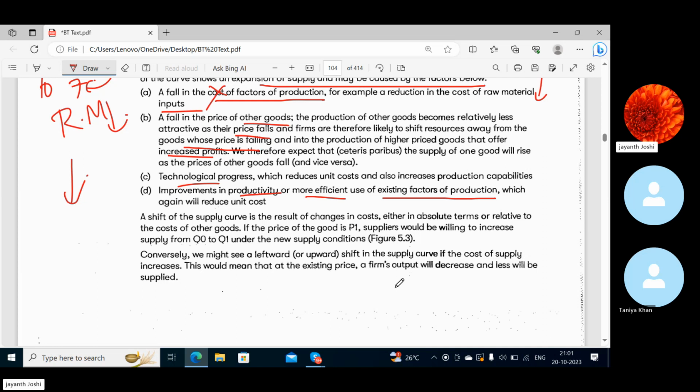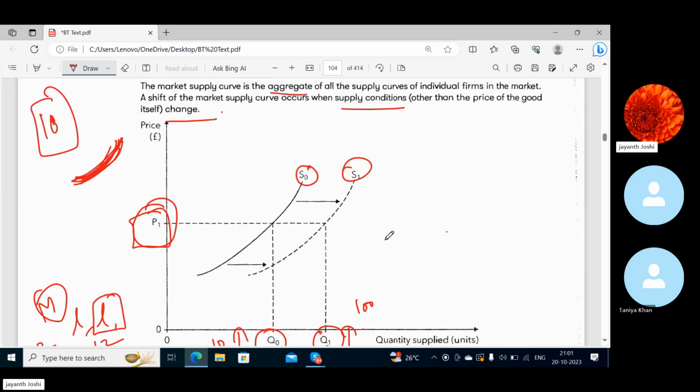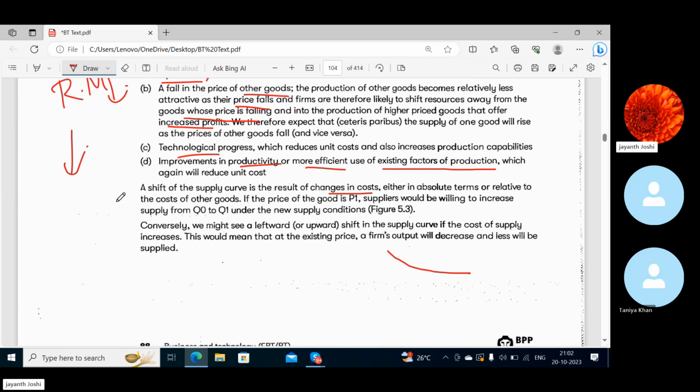So if the shift is rightwards, it is an increase in supply. If the shift is leftwards, it is a decrease in supply, right? A shift of the supply curve is a result of changes in cost, either in absolute terms. So cost is one of the factors, other than price. If this changes, the supply curve can shift.